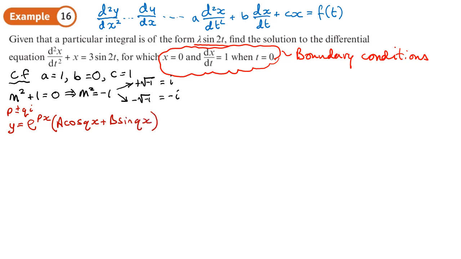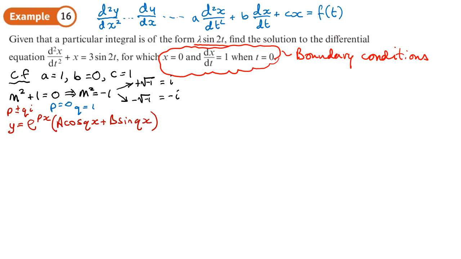Now in this case p is 0. Okay, so that's what we have in our case here. P is 0 and q is 1. Now if p is 0, then all of that disappears. We don't need to write it.